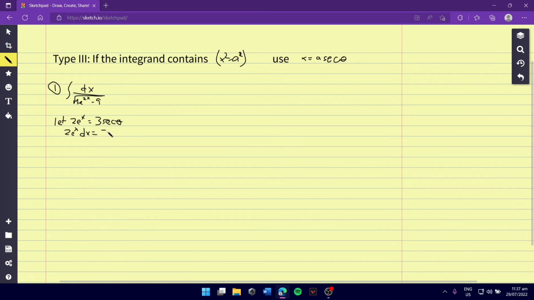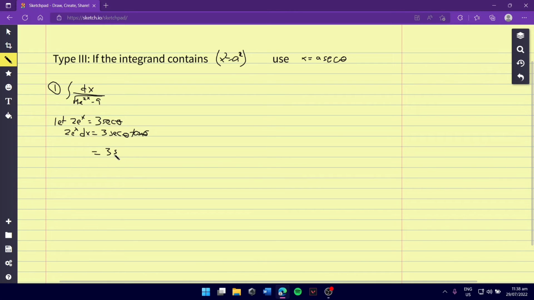This will become 3 secant theta tangent theta d theta, and we will divide it by 3 secant of theta in order to get tangent of theta.